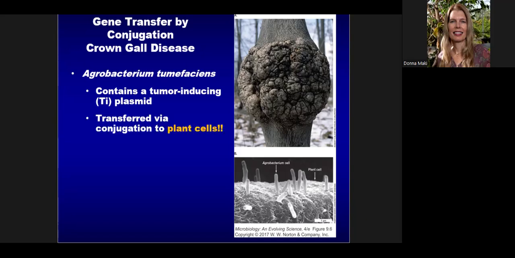So what happens is that conjugation occurs between the bacteria and the plant cell with a sex pilus. And then the plasmid from the bacteria, one strand of it, gets transferred over. And it incorporates into the plant chromosome, the plant DNA. And it has several genes on it.